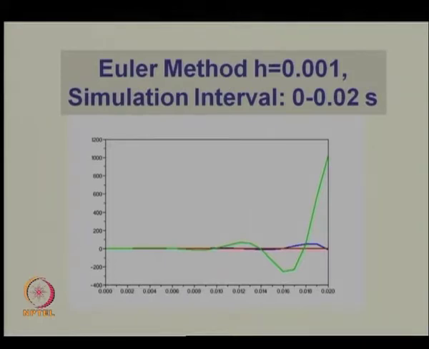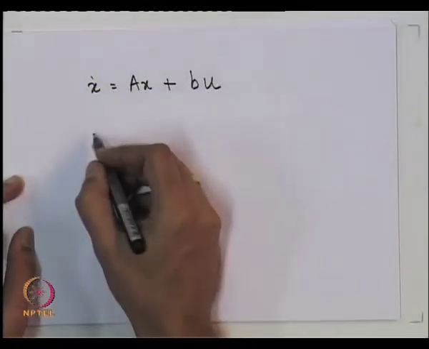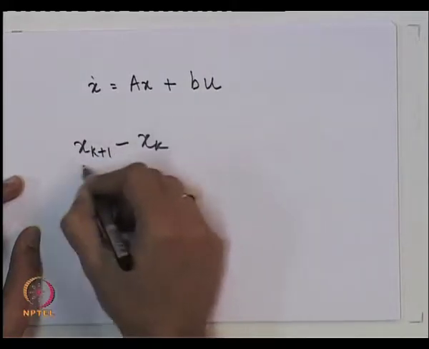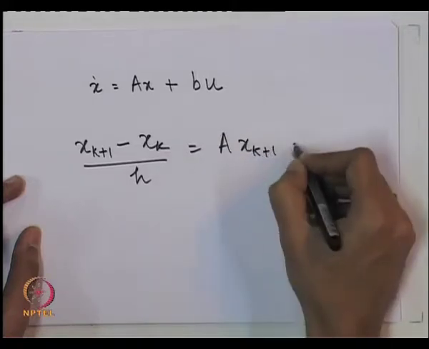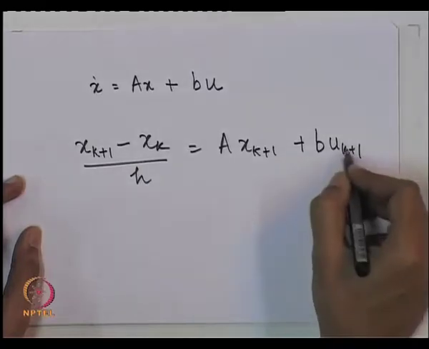If I use backward Euler method, remember the backward Euler discretization is done for x dot is equal to A x plus B u by the following. u k of course is constant.